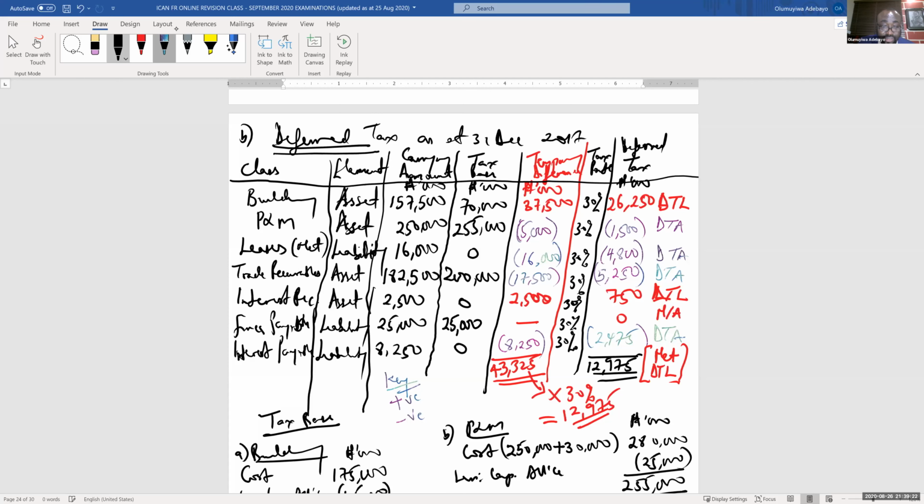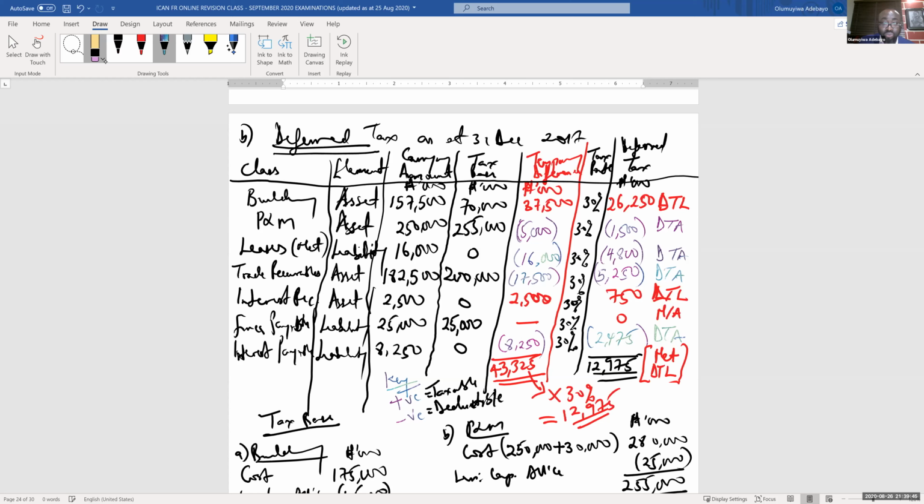Now, for leases, which is a liability, we are recognizing a deferred tax asset. So to me, it's like that particular equation is turned the other way, like tax base minus carrying amount in case of a liability. Is it like that, sir?